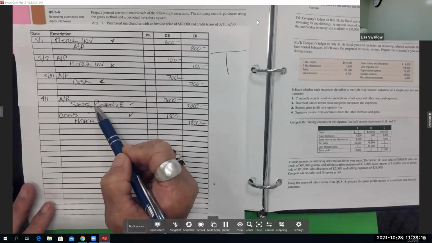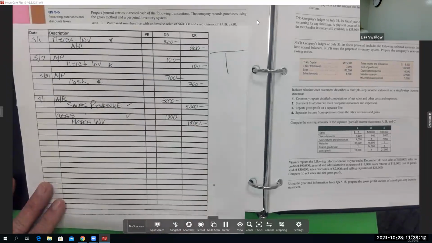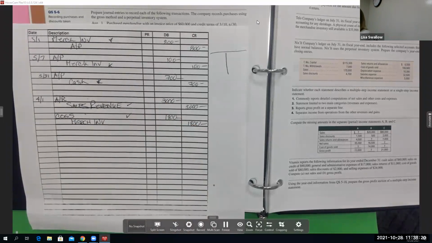I can also give, just like I got terms on the inventory I purchased, I can give terms to my friend that just bought the ATV. I can say, you need to pay me within 30 days, but really I need the cash. I'll give you a 3% discount if you pay me in 10 days. So I can do the same thing, offer a discount to bring cash in the door.